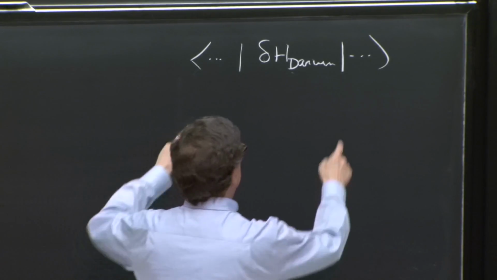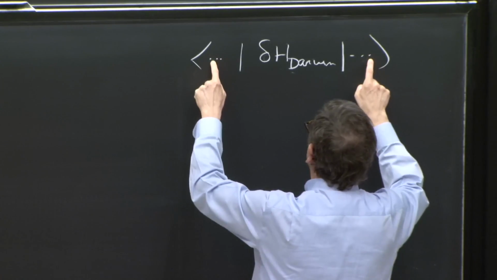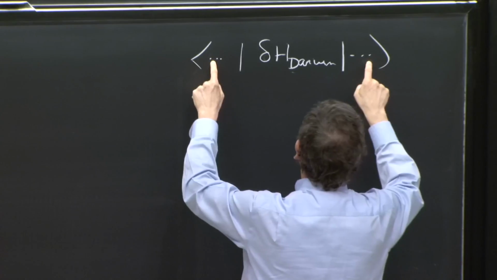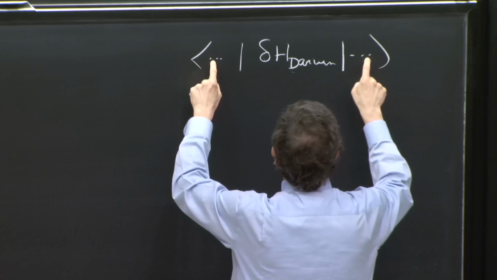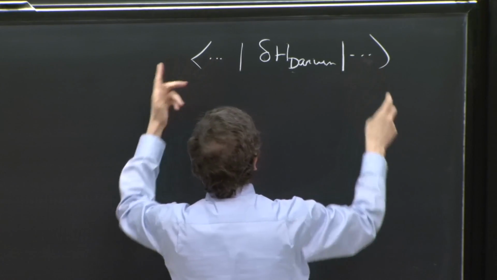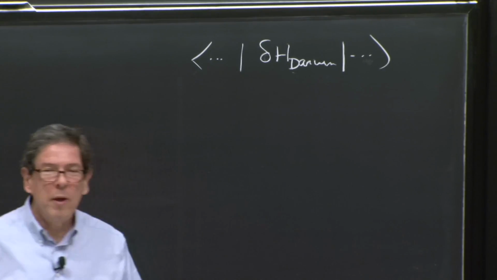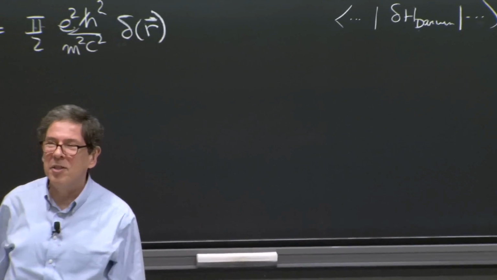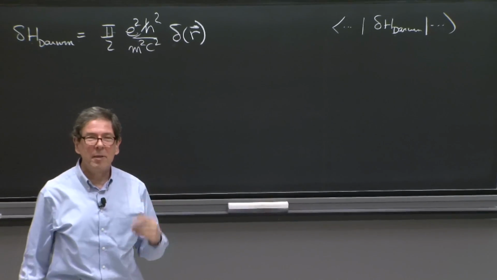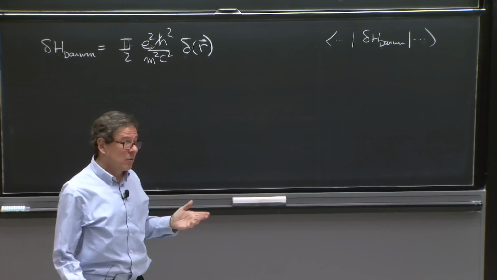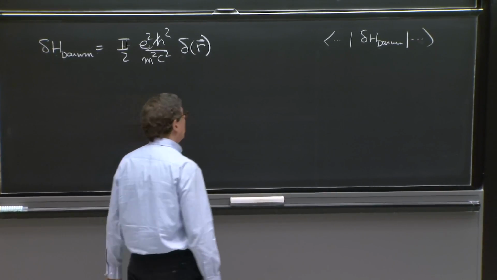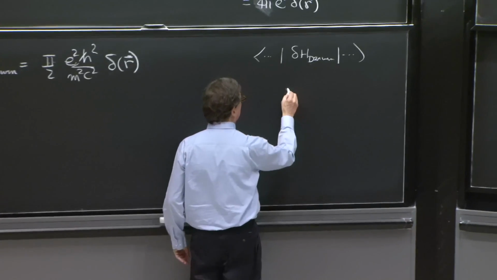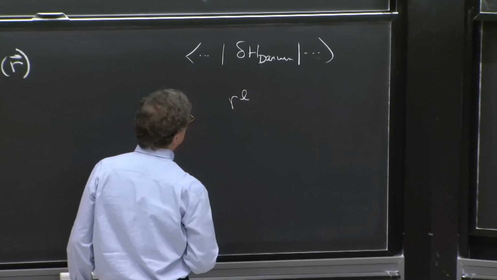And if either of these wave functions vanishes at the origin, the matrix element vanishes. But all wave functions vanish at the origin unless the orbital angular momentum L is equal to 0. Remember, all wave functions go like r to the L near the origin.